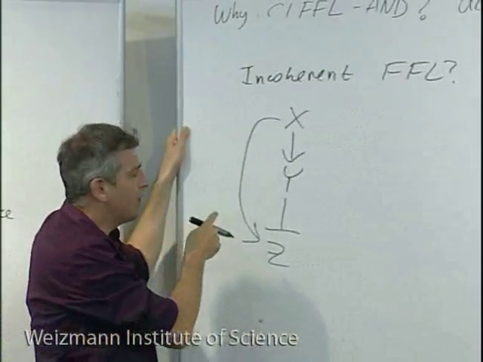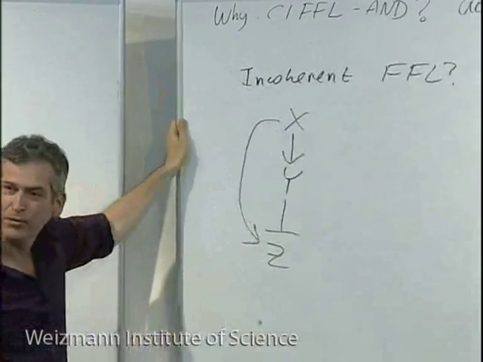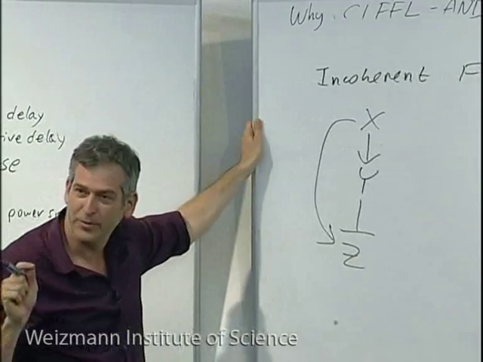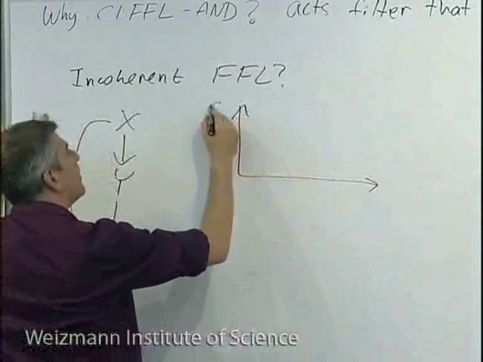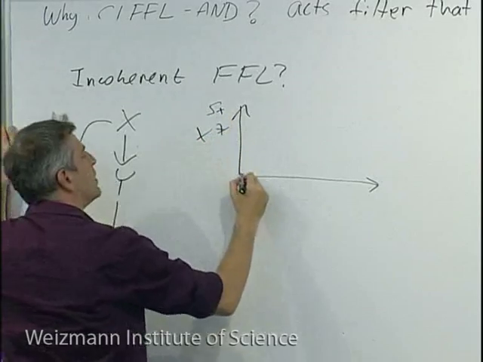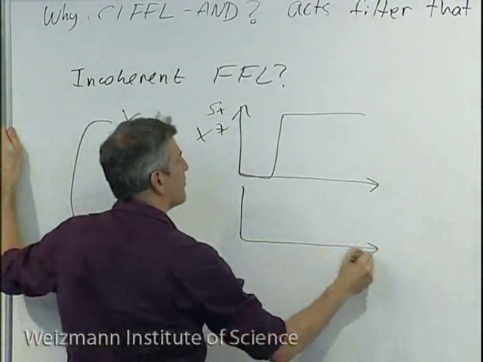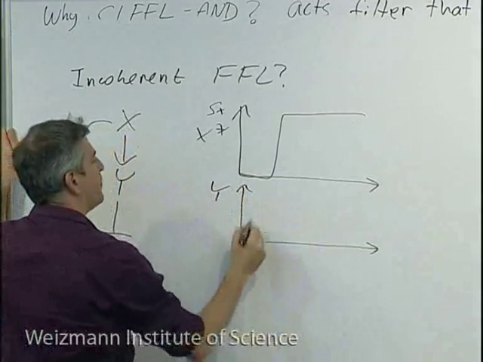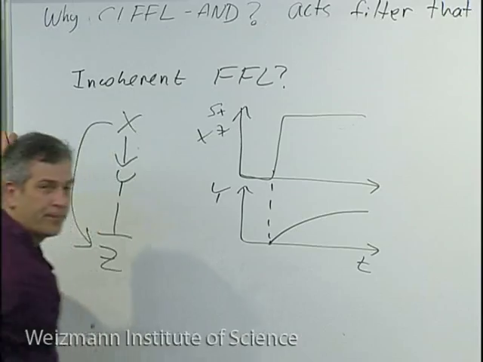When we analyze this circuit, and we're going to do it right now because you're already so skilled, you know how to do this graphically. I guarantee you, you can do it by yourself. So let's imagine we turn on this X. What happens to Y? It starts being made, right?